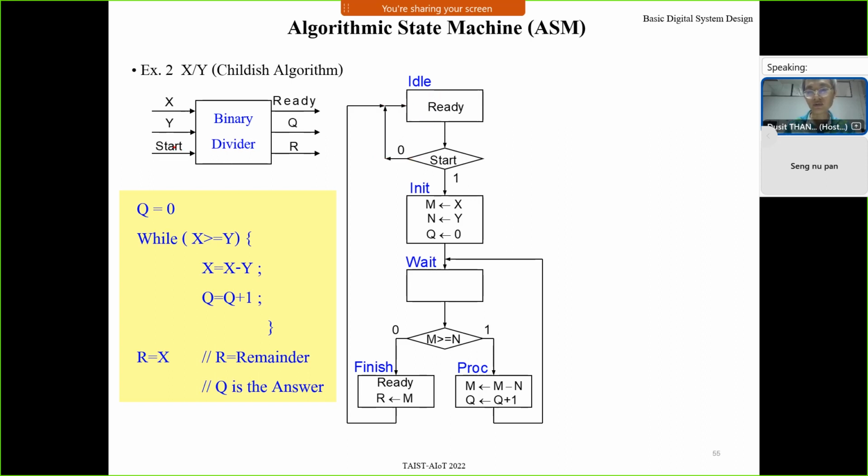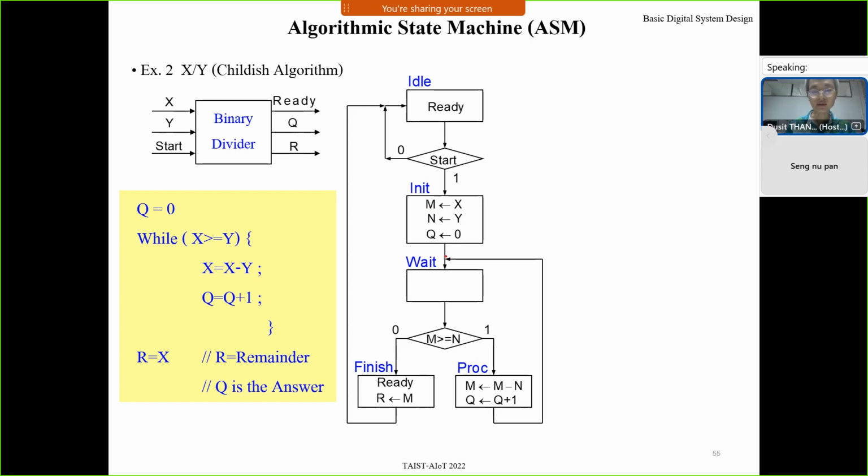But when start is 1, go to the initial state, to initialize the values of registers M, N, and Q. For this state, it's prepared to load data from X, Y to variables m and n, and 0 to q. Okay, this is the initial state.